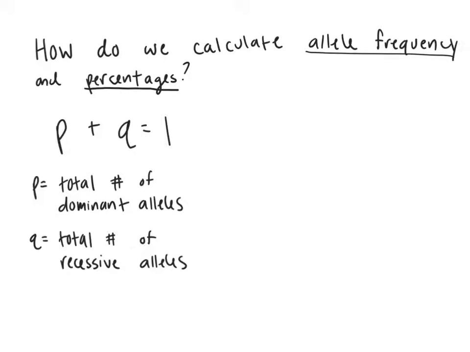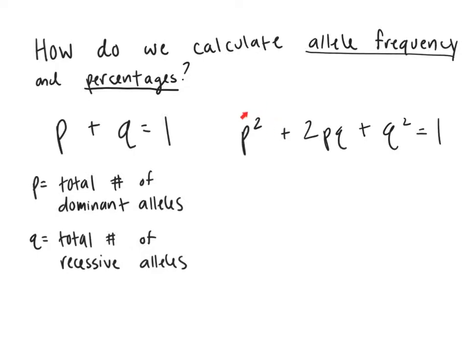Now, in Hardy-Weinberg, there's actually another equation that is used to find the genotypes. This equation is p² + 2pq + q² = 1. Now, each of these represents our 3 genotypes that we've talked about in genetics, the first being homozygous dominant.